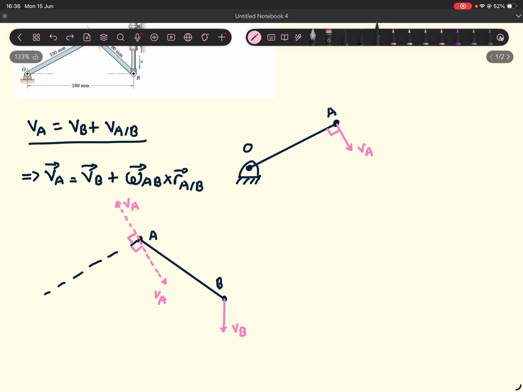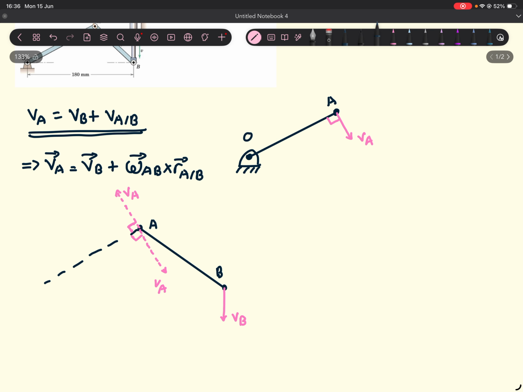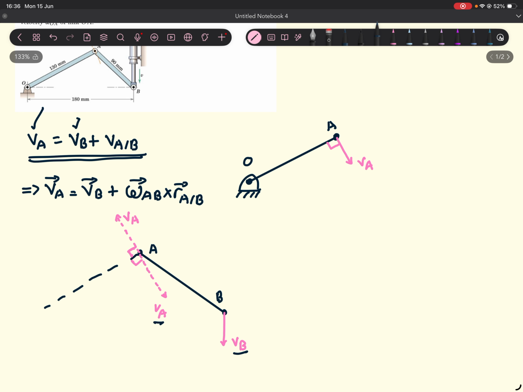Cool. And then if we look at this equation again, we've taken care of VA, we've taken care of VB on our diagram, so we have VB, VA. The next vector we need to take care of is VA relative to B. So VA relative to B, remember we broke it down into omega AB crossed with R, A relative to B. So the same thing applies here.